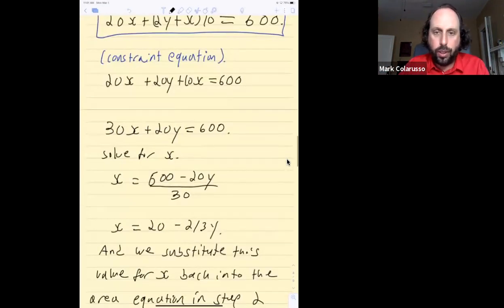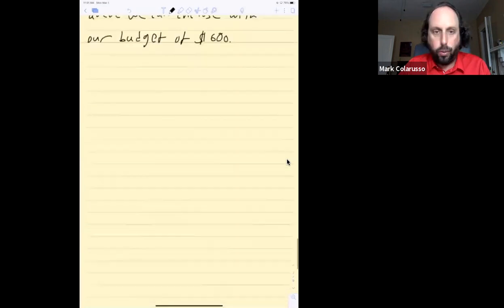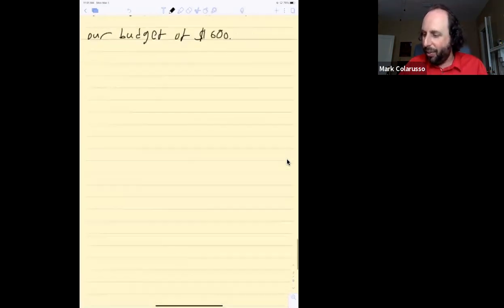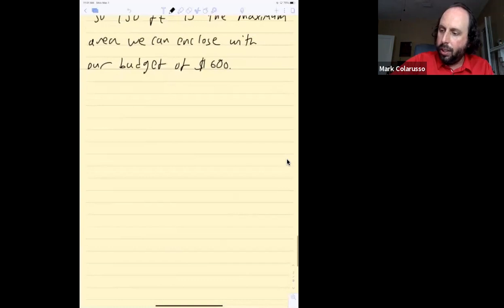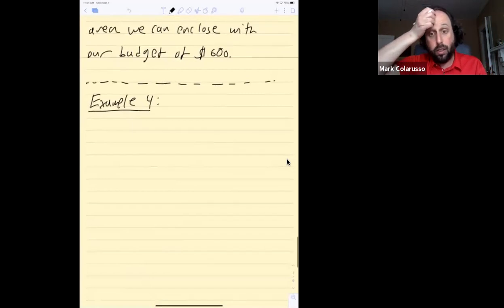Okay, so the next one is a variation on this problem where we're just going to reverse the roles of what we do. So we'll deal with slightly different equations. This is our fourth optimization problem, example 4. Okay, so same setup as before.